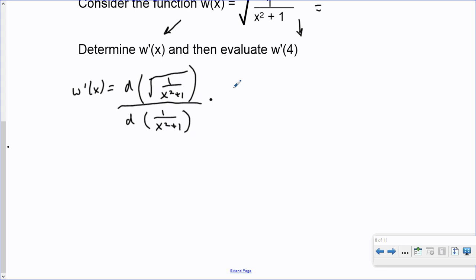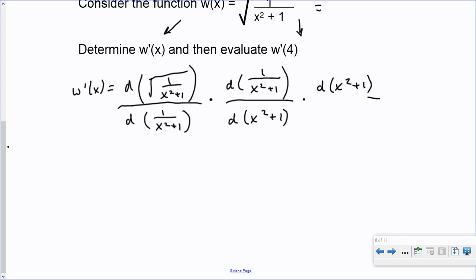Then I have to chain across my reciprocal function. And I'm going to find the derivative of my reciprocal function second. So it's going to be with respect to my parabola. Okay, and then the last thing, I'm going to find the derivative of my quadratic or my parabola function with respect to x. Okay, so that's how to properly do the chain rule with Leibniz notation.